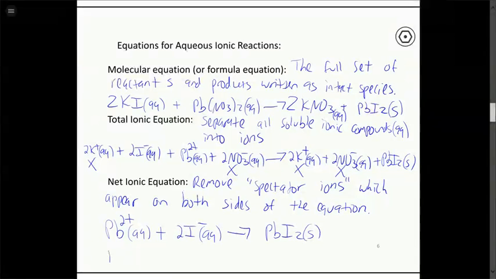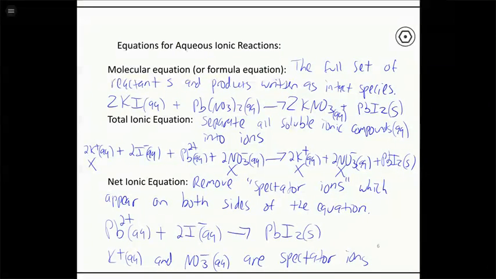And that leaves then, of course, K plus and NO3 minus as the spectator ions, which means there's no net change involving those ions. They're soluble ionic compounds on the left side, they're soluble ionic compounds on the right side, so they're called our spectator ions.